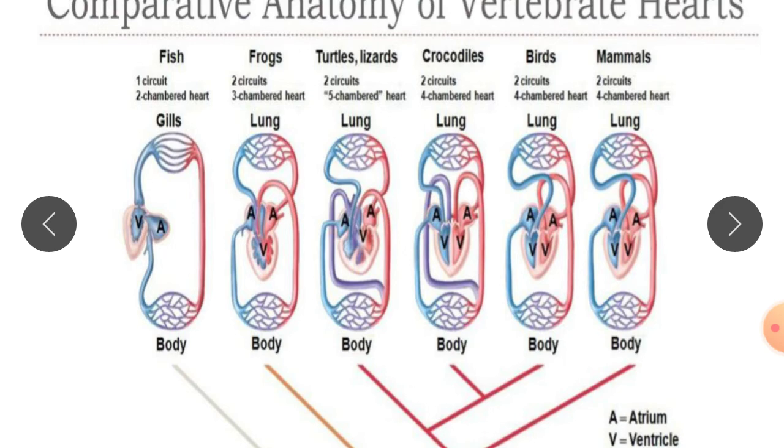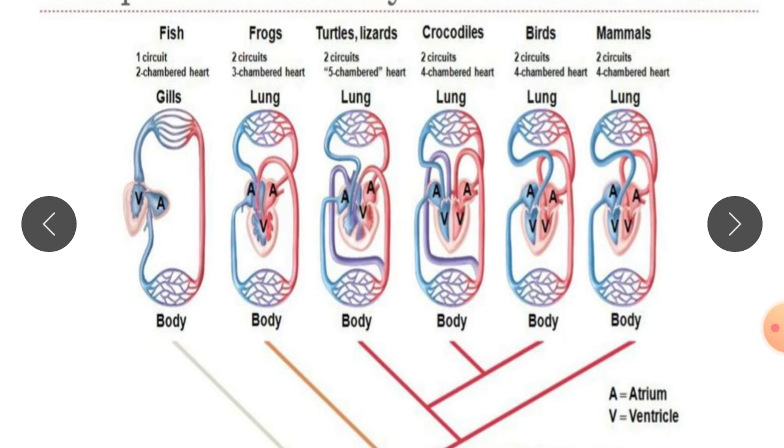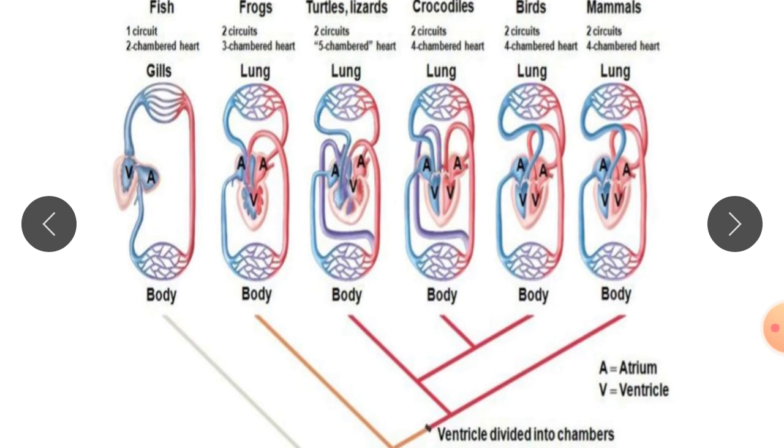Crocodiles have four chambers, completely four chambers. So from the body, the deoxygenated blood goes to the right auricle. From the lungs, oxygenated blood goes to the left auricle. These two move towards their respective ventricles, and from the left ventricle, oxygenated blood goes to the body. Some part of the blood also mixes up here.